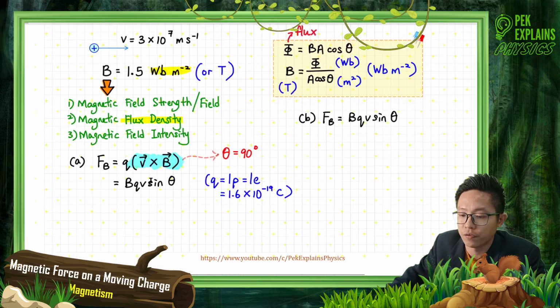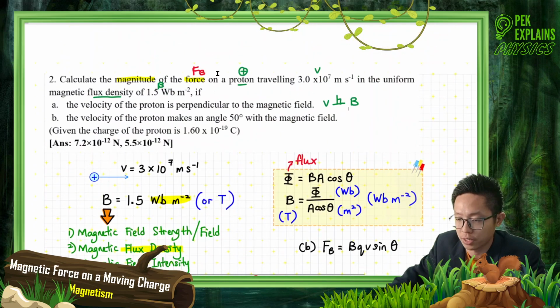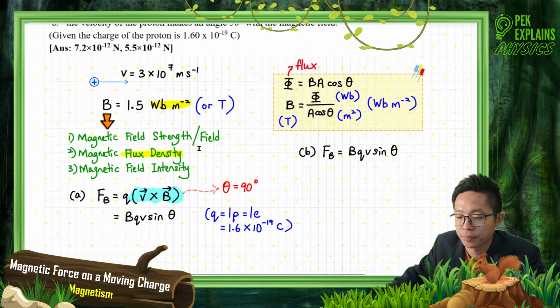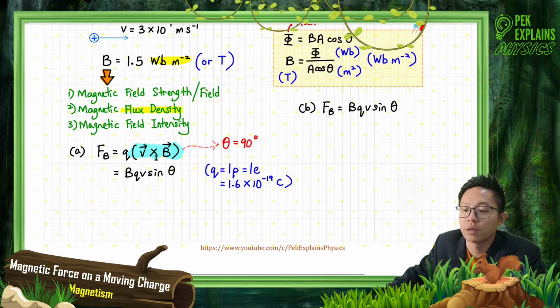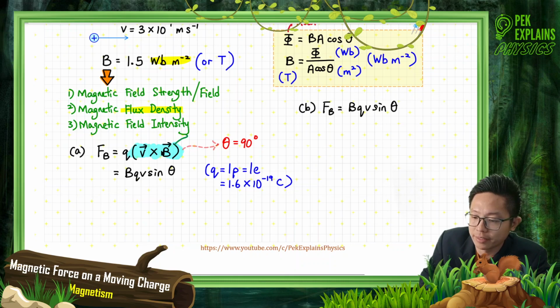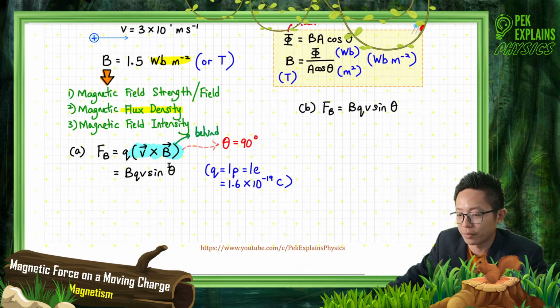The equation for magnetic force for a moving charge like a proton is QV cross B. The formula for magnetic force is QV cross B, where B is the magnetic field. We normally put B behind. You see, the sequence is important. Normally I remember B at the back.